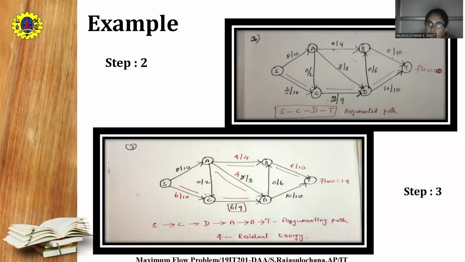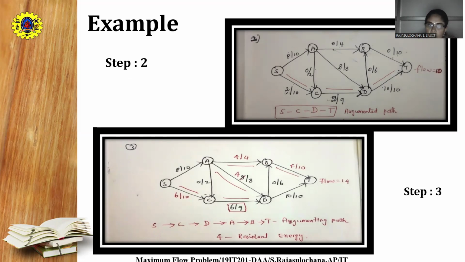So I have to add 4 to all the initial flows of the edges in this augmenting path. Whereas if you consider the edge D to A, I will subtract flow from the forward flow, because this is reverse flow. So upon adding this residual capacity, I'll get from S to C the flow is 6, and from C to D the flow is 6, and from D to A the forward flow is 8.